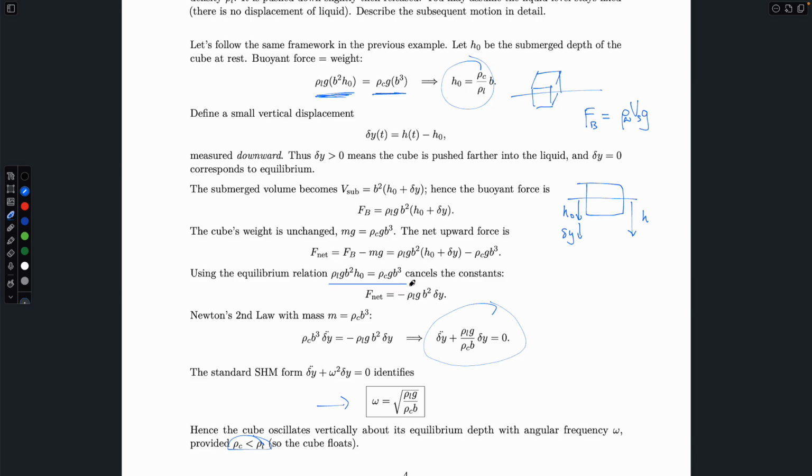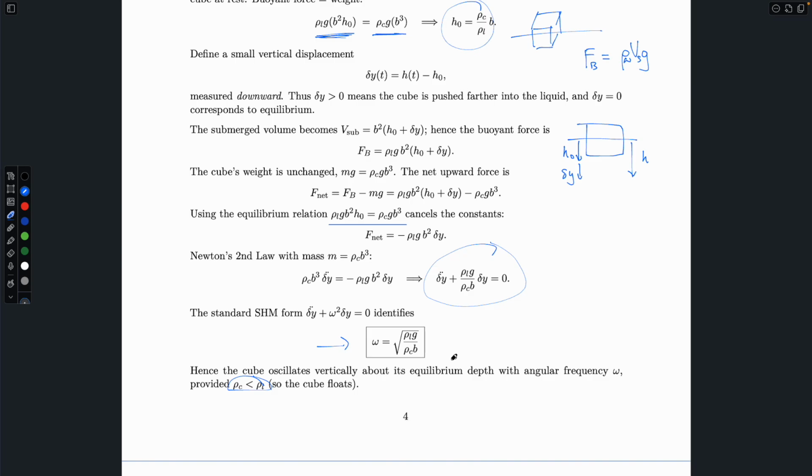But other than that, it's quite standard. These types of questions have the same flow. You always start by writing the equation of motion, and then it will reduce to some SHM form, and from that you can imply the frequency and period and all that stuff. So the main point is about the equilibrium terms cancelling.